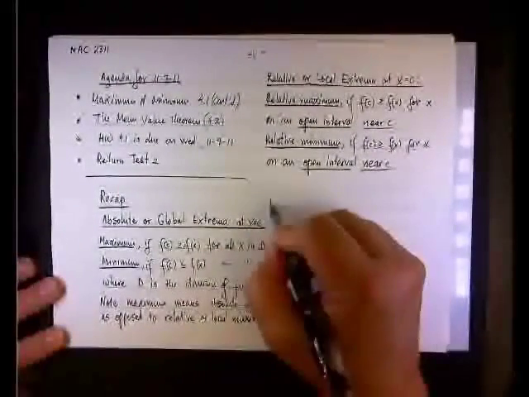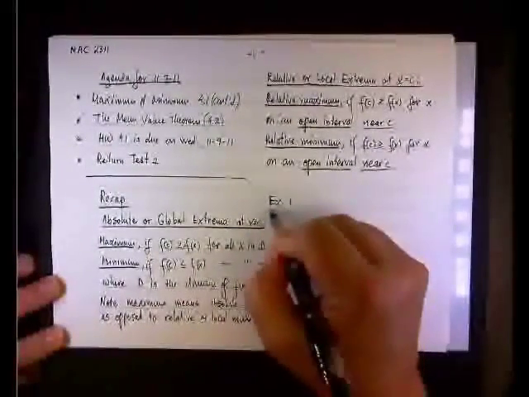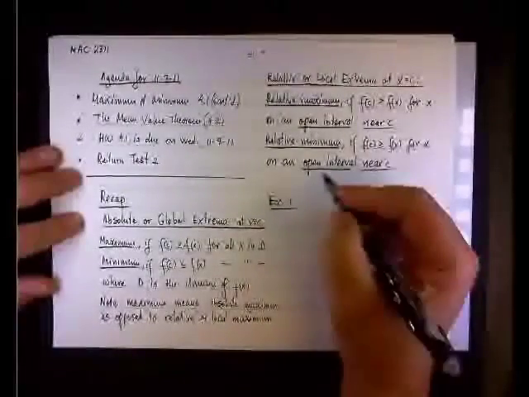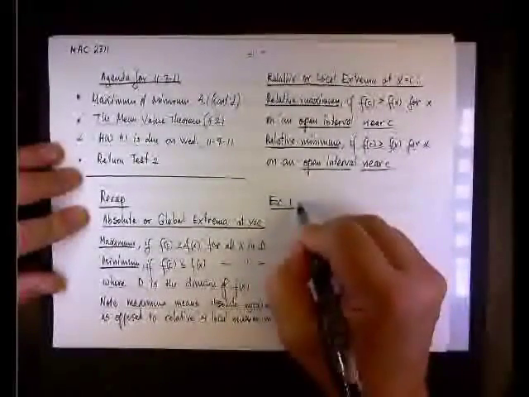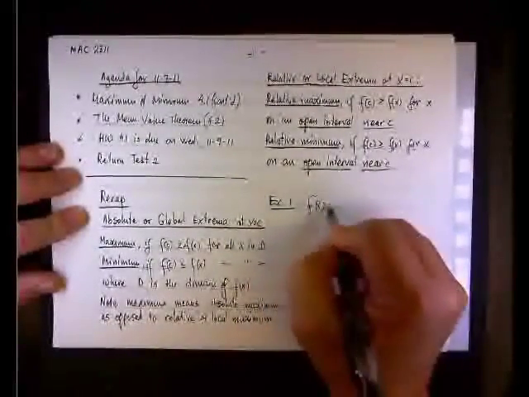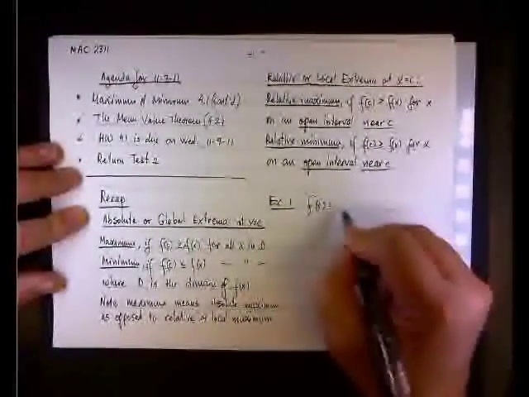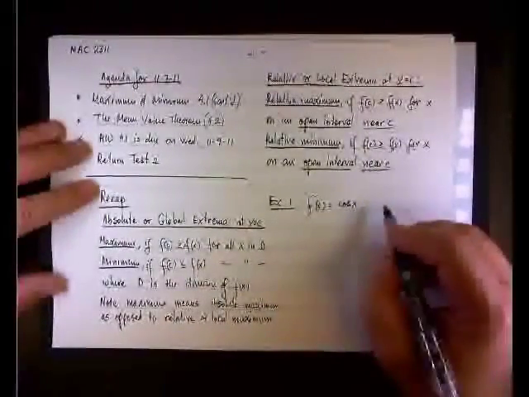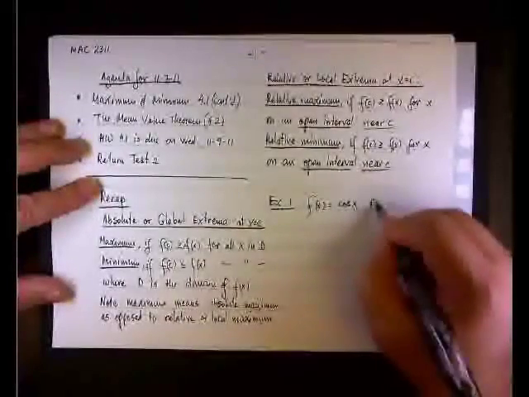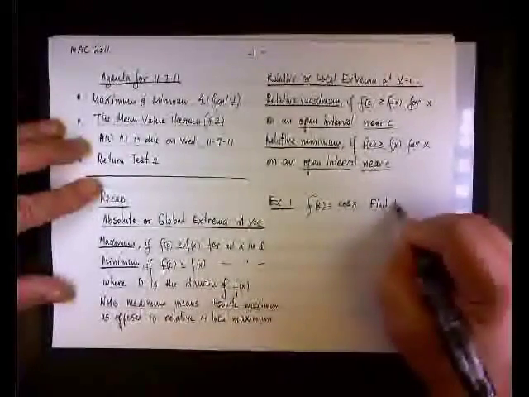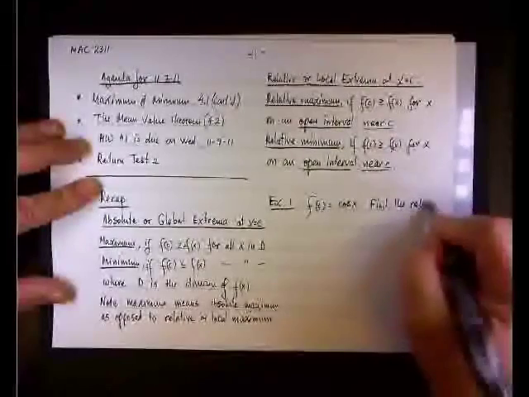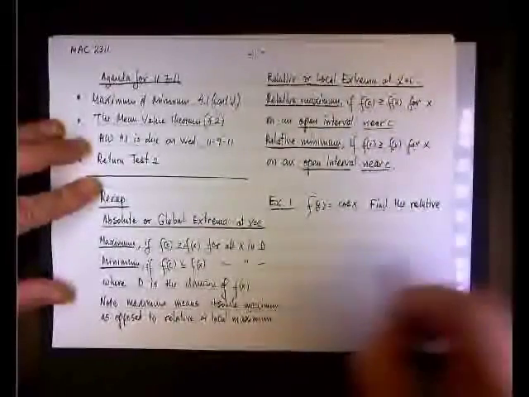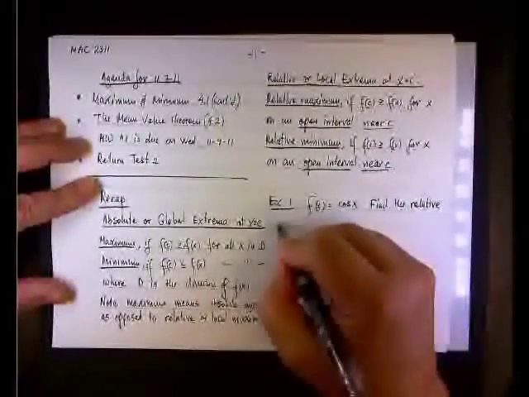Let's go and do the first example. Let's look at the function f of x equals cosine x. And our task is to find its relative and absolute extrema.